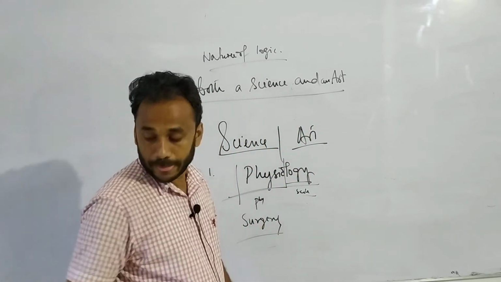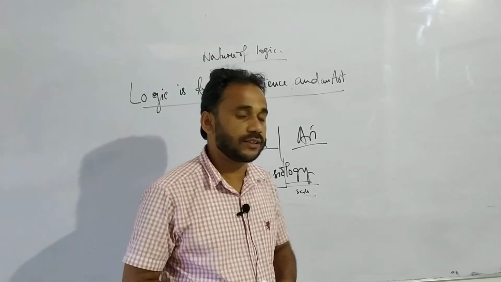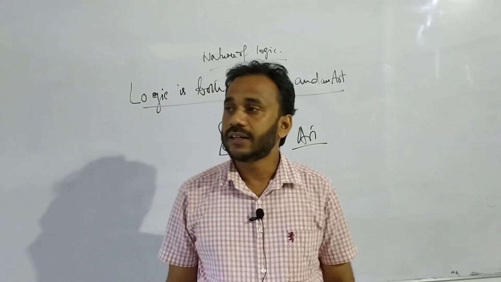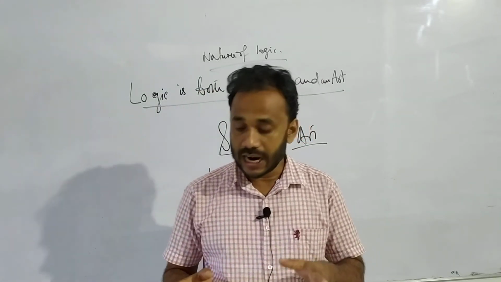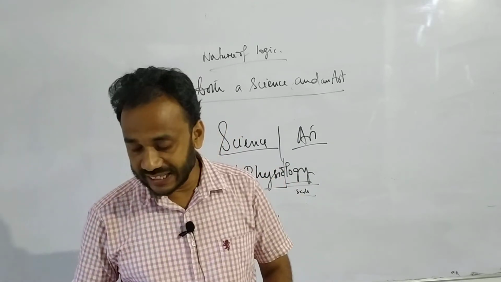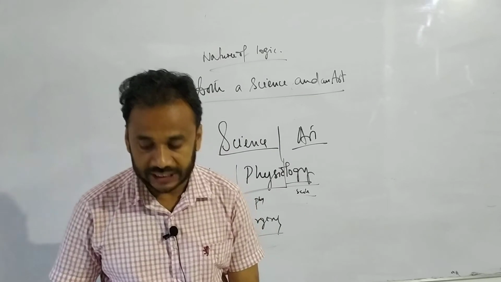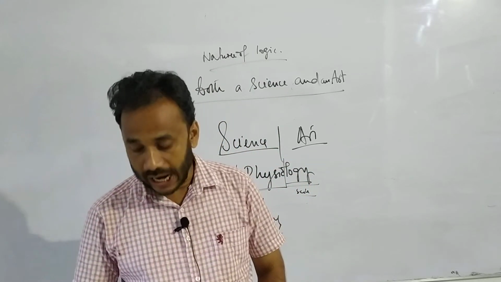Some logicians, and in general also, say that logic is the science of sciences and the art of arts. So logic has been described as both the science of sciences and the art of arts.